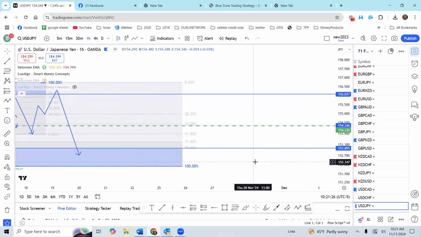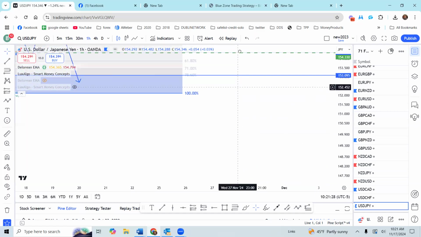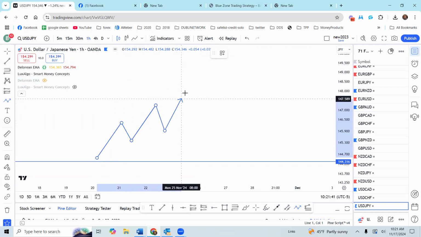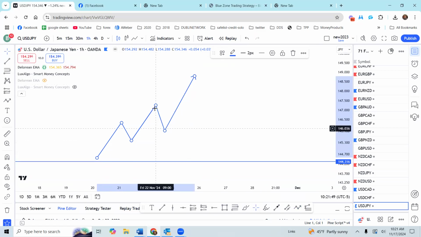So essentially, again, we move to another area of the chart here, right? We have price on the higher time frame in an uptrend, right? So this is the higher time frame. We identify this swing low here on the 4 hour chart.